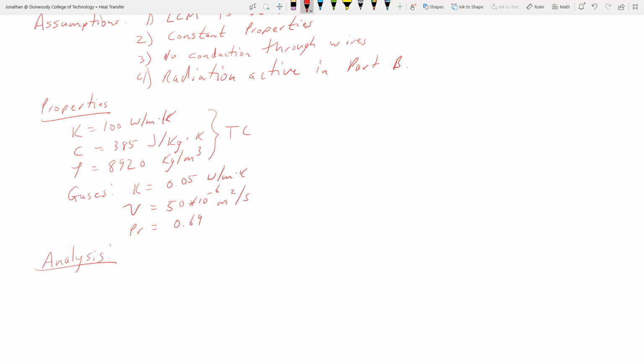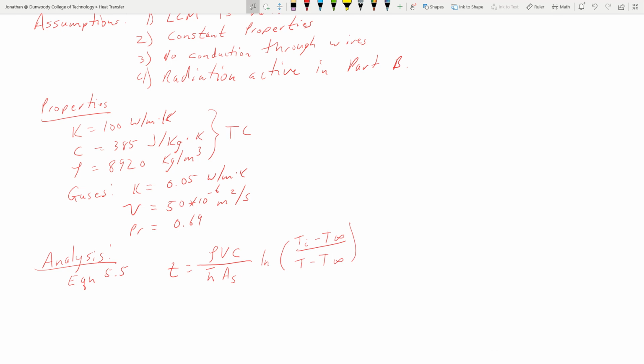We're going to use from chapter 5 the time to reach some temperature difference, which is rho times the volume times the specific heat, that amount of energy, over h bar A times the natural log of Ti minus T infinity over T minus T infinity.